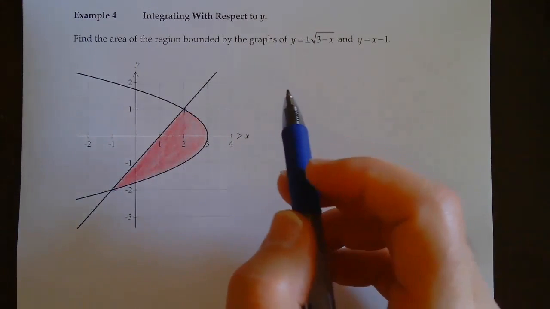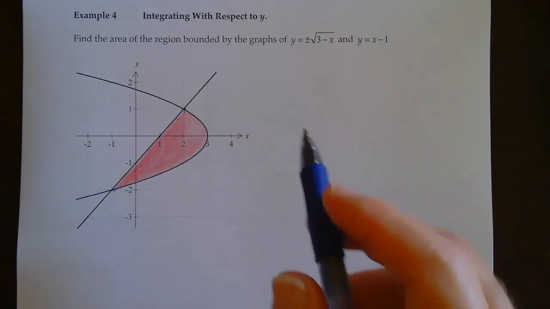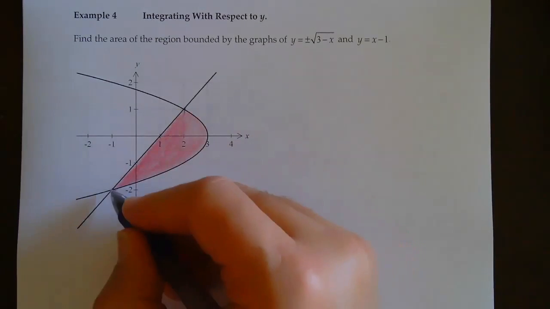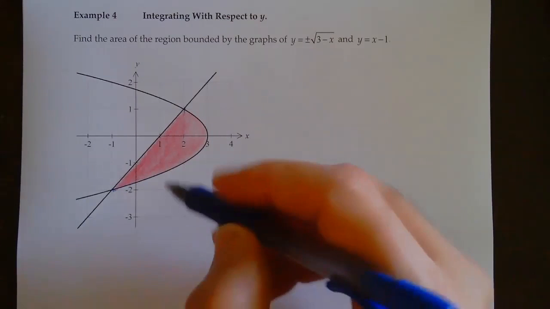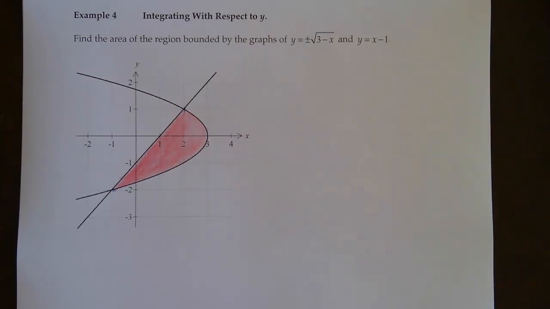So the way to do this is first we have to find these intersection points. Normally we put an x in and get a y out. If we want to go sideways, we put a y in and get an x out. So we want to solve the equations for x.